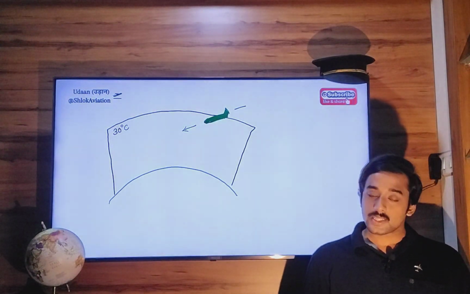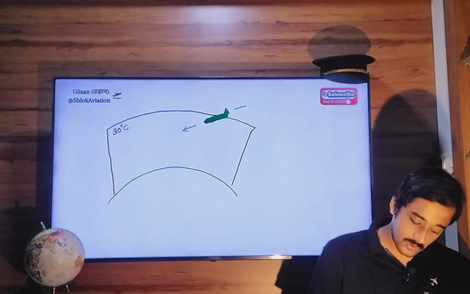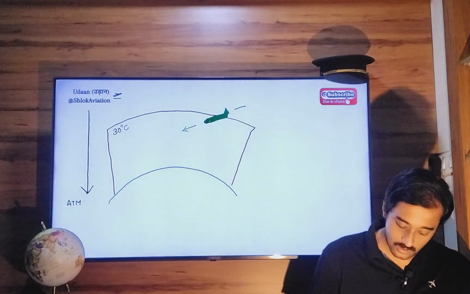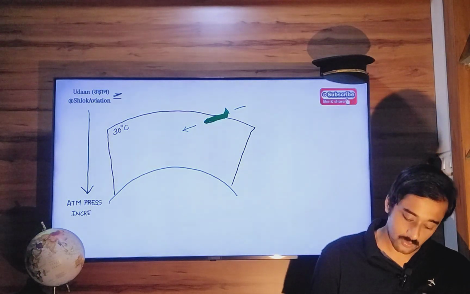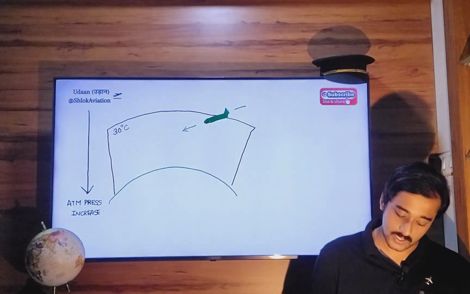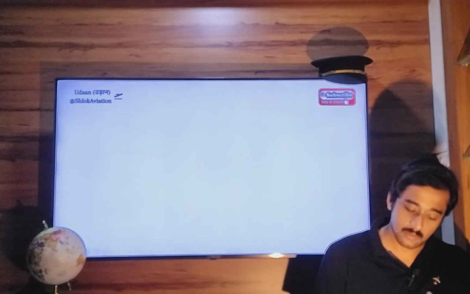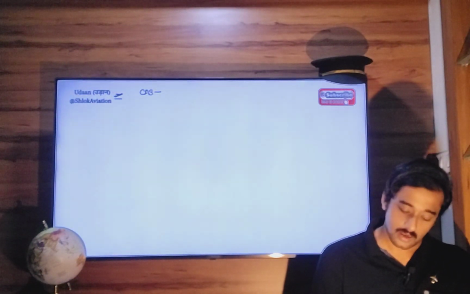Now first things first, when you descend to lower and lower altitudes, what happens to your atmospheric pressure? Atmospheric pressure increases. Now your calibrated airspeed is nothing but the output from your airspeed indicator.